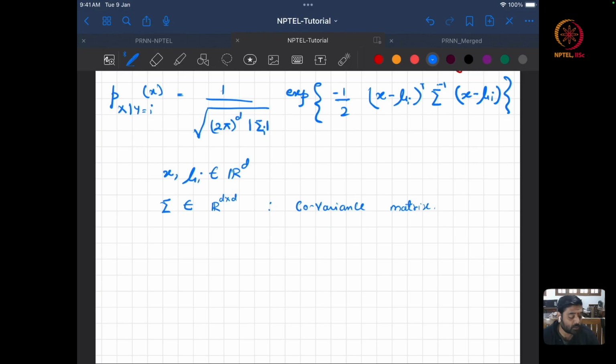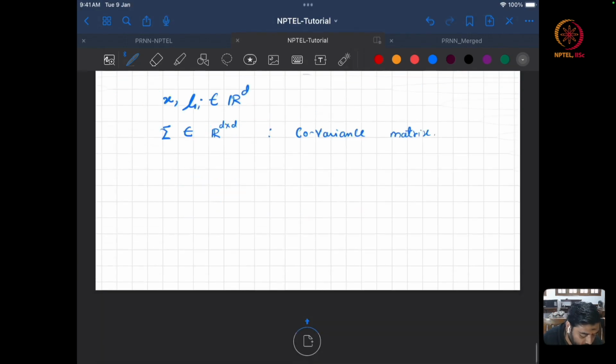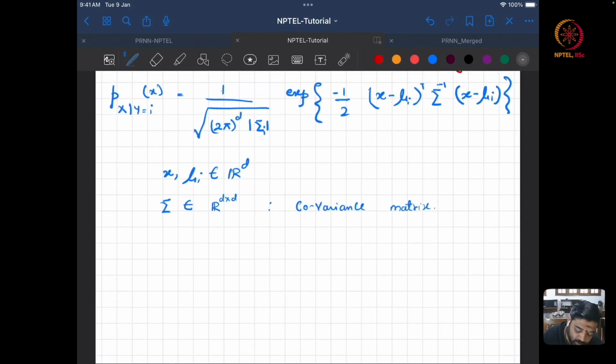Okay, so now you have n samples. Now what do you do? You take the log likelihood of those n samples. Again, the same standard recipe.